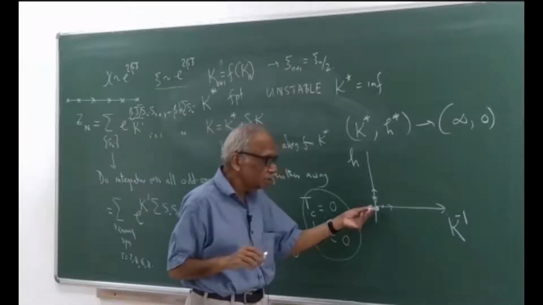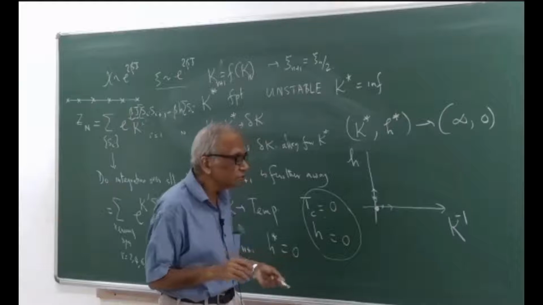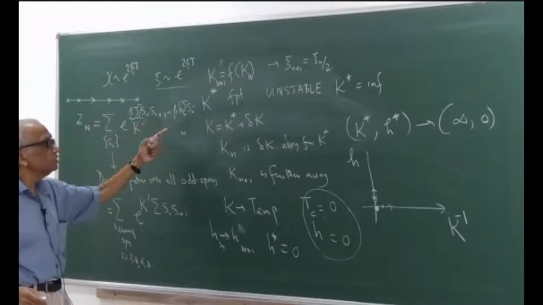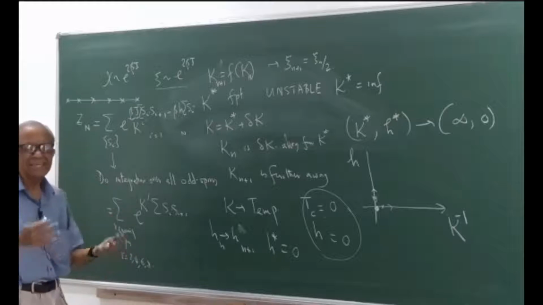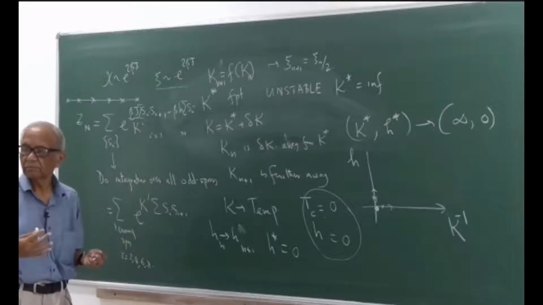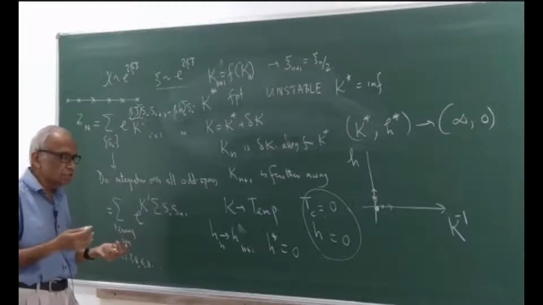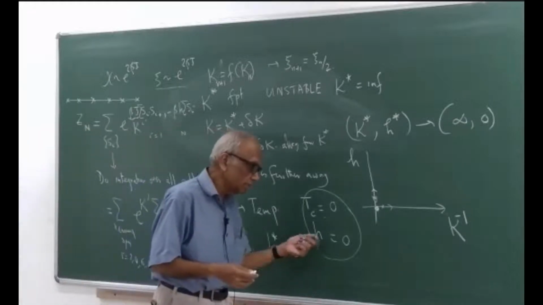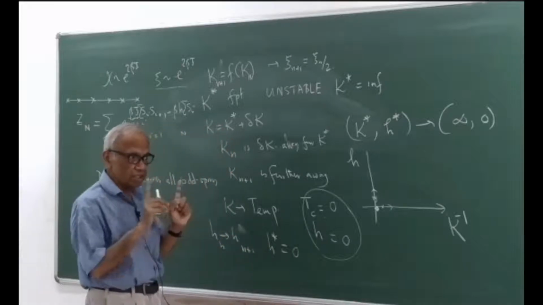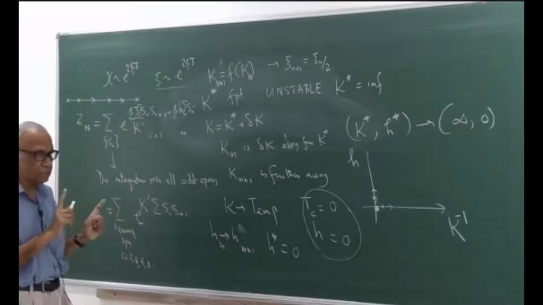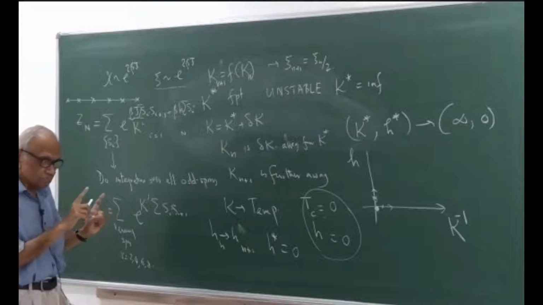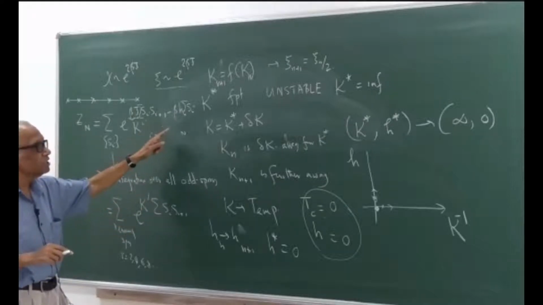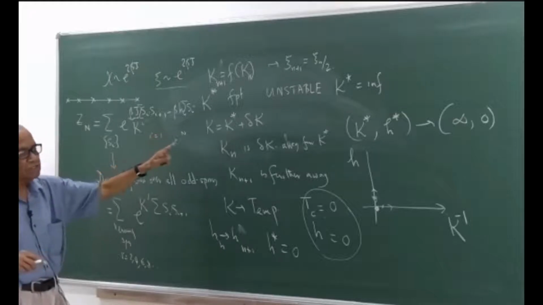If you imagine that I introduce other coupling constants, for example, a next nearest neighbor coupling. The next nearest neighbor coupling has no effect, which you would see by the fact that the recursion relation there would drive it to 0.